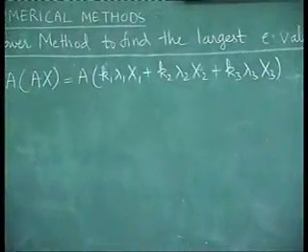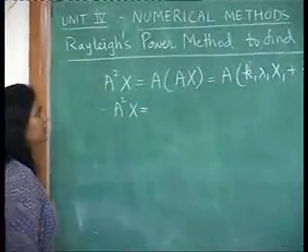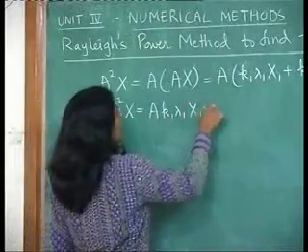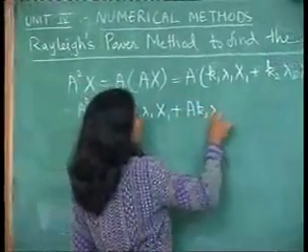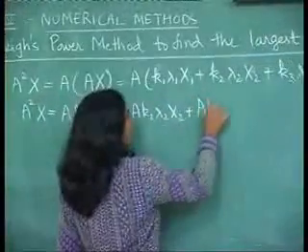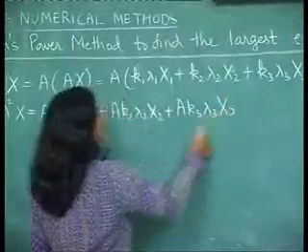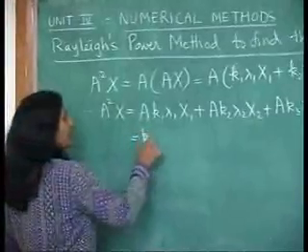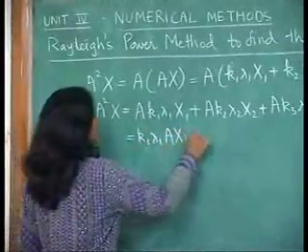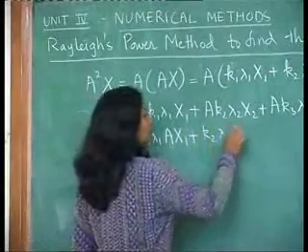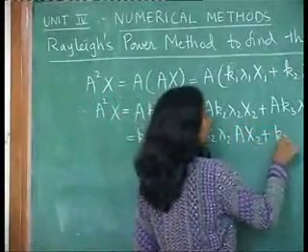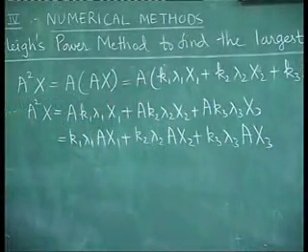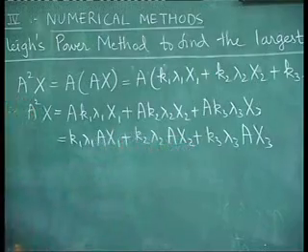So A square x will be, let's open out the brackets, A k1 lambda 1 x1 plus A k2 lambda 2 x2 plus A k3 lambda 3 x3. And remember the scalars have the freedom to move. So I can write this as k1 lambda 1 Ax1 plus k2 lambda 2 Ax2 plus k3 lambda 3 Ax3. But once again we can substitute for Ax1, Ax2, Ax3.